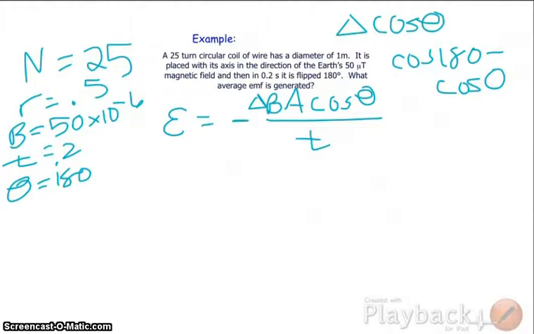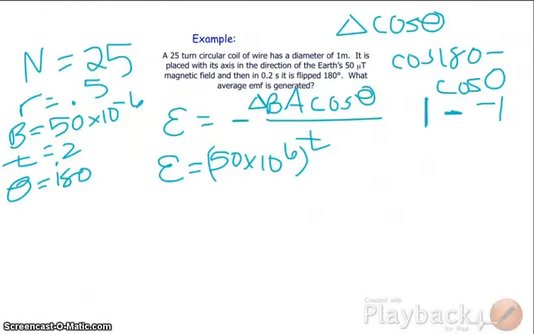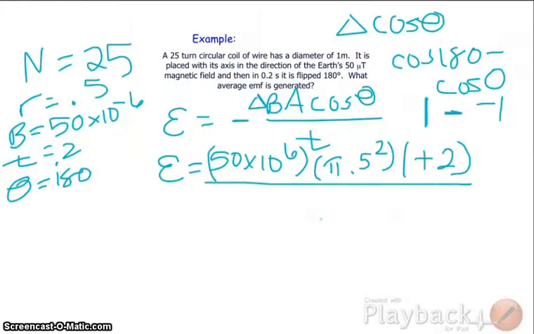Which becomes negative 1 minus 1. So E equals 50 times 10 to the negative 6 times your area, which is pi times 0.5 squared, times 2, divided by 0.2.